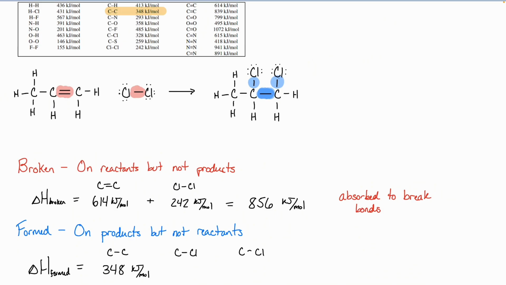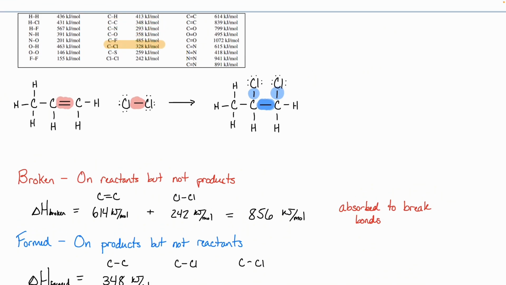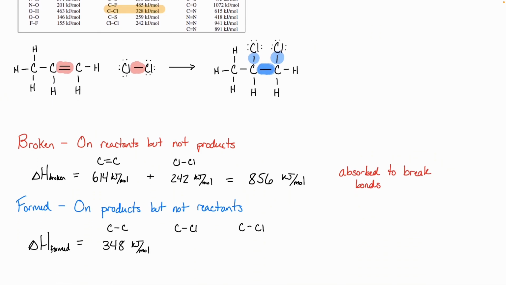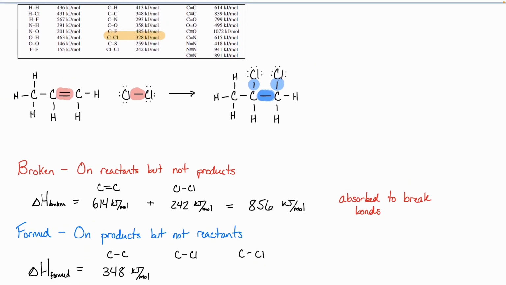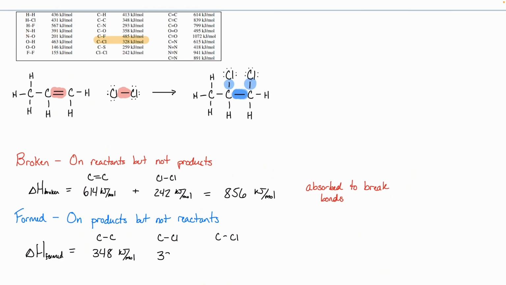And each of these carbon-chlorine bonds is 328. All right, so when we add all that up, that corresponds to 1,004. Again, our units are kilojoules per mole.